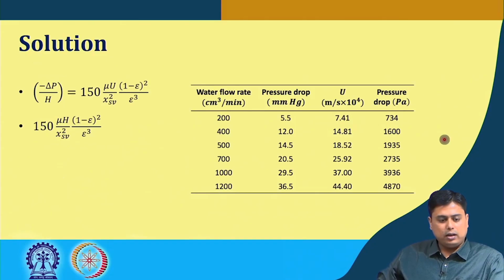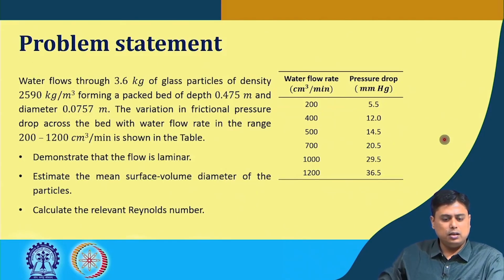Now, if we go back to the problem again, it has been asked that estimate the mean surface volume diameter of particles. Which means we have to calculate what is x SV.